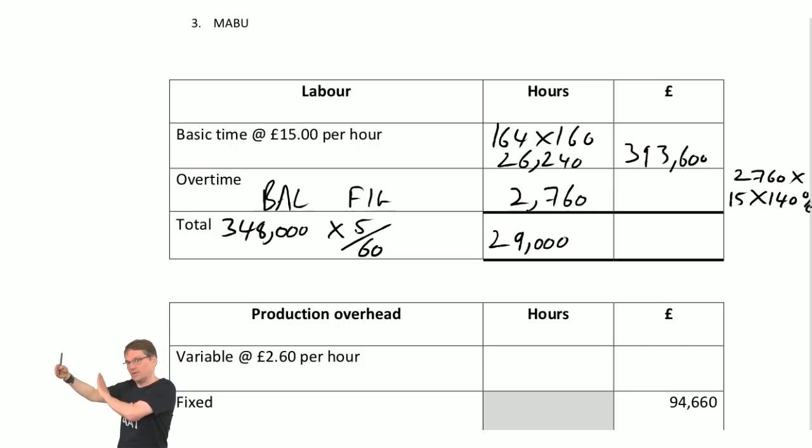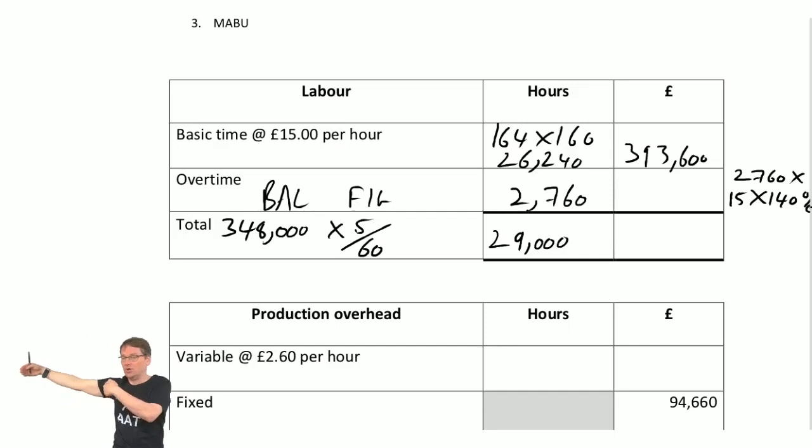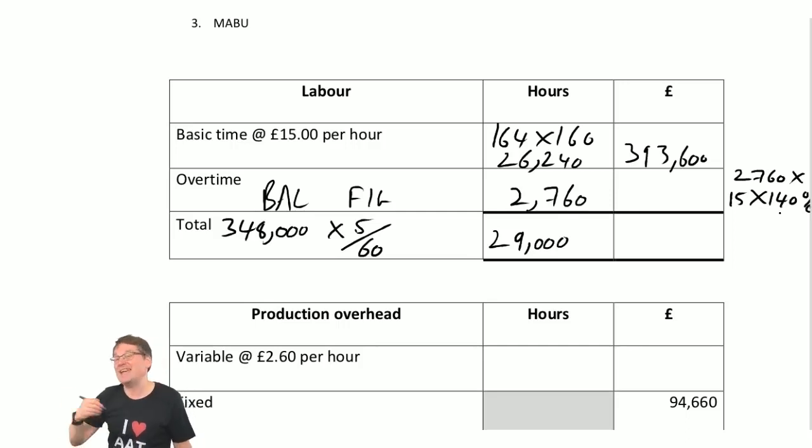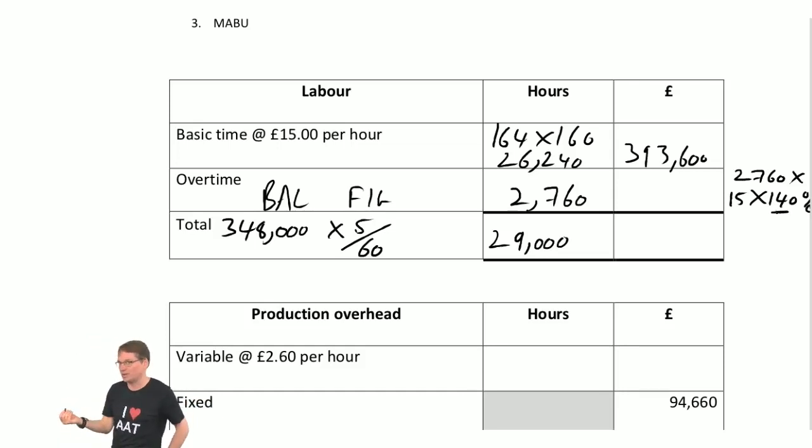Now you will need to read the question carefully, because what we were given here is the basic time and then the overtime. What we might have been given in that top row is how many hours altogether. That would be the 29,000. If you were given the total time, then all you'd be looking for as overtime is the extra. So you'd have 29,000 hours at £15 an hour, and then you'd calculate the extra bit, the extra 40%.